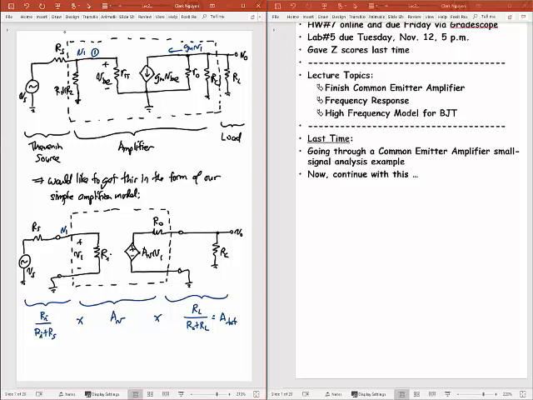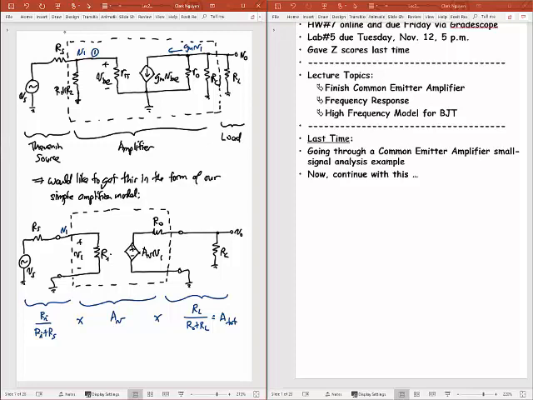And what this tells us is that the gain of this is the same as the gain that we had for the op-amp circuit. It depends on what the input resistance is to the amplifier. It depends on what the output resistance is. And so the gain is not just this A sub V. It's preceded by a voltage divider between RI and RS, and it's also modified by the voltage divider between the load resistance RL and the output resistance.